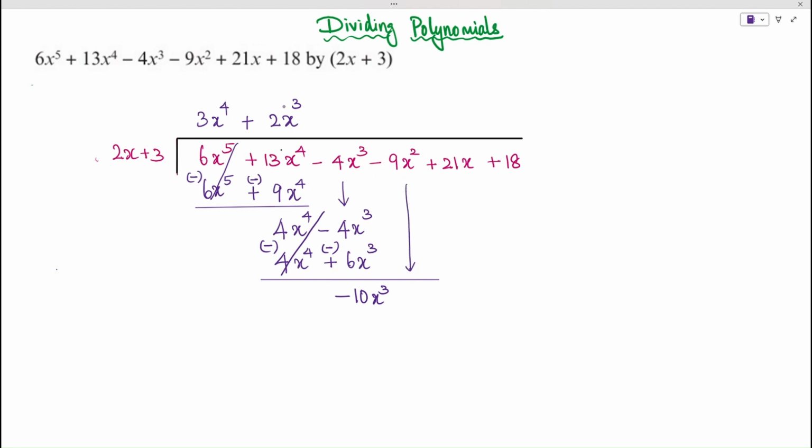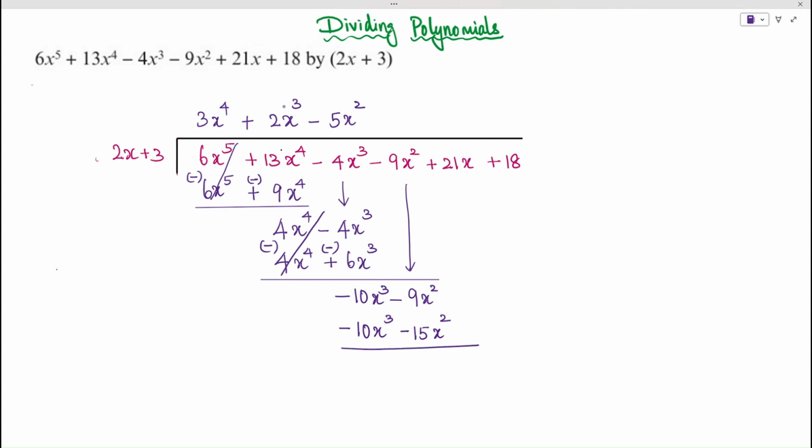We bring our minus 9x squared down, so we get minus 10x cubed minus 9x squared, and we repeat the same steps. 2x times minus 5x squared gives us minus 10x cubed, and we multiply 3 by our minus 5x squared, and we get minus 15x squared.